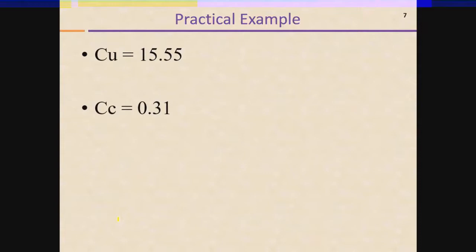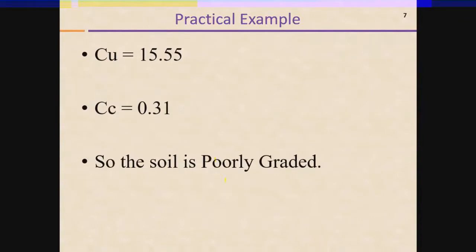Now you can see the coefficient of curvature value is less than 1. So I'm sorry, your soil system is poorly graded soil. This is how we can find the values of Cu and Cc and the D10, D30 and D60 values from the gradation curve.